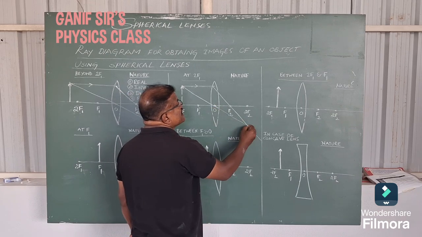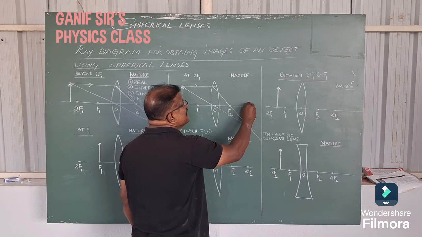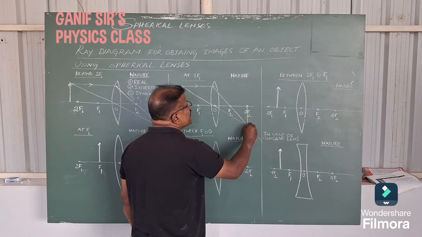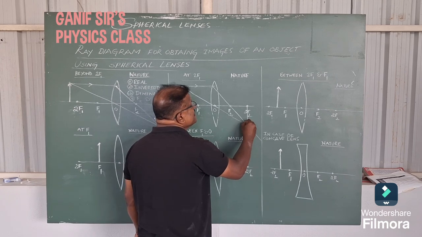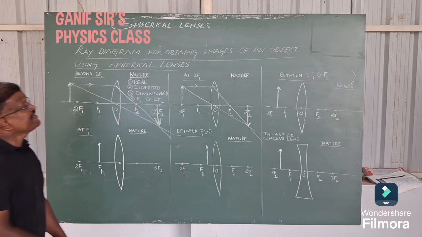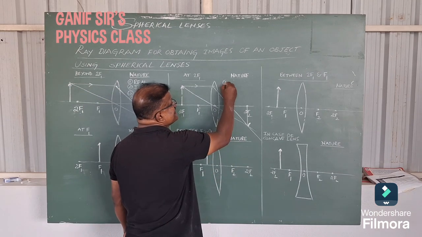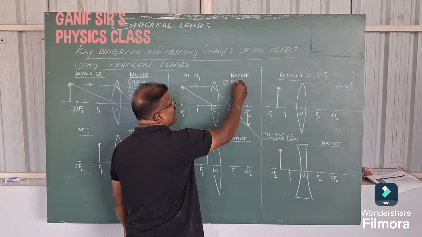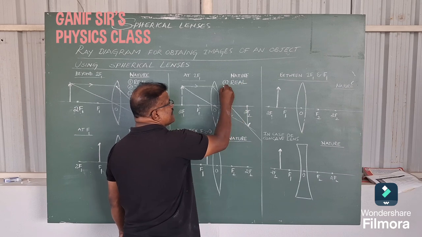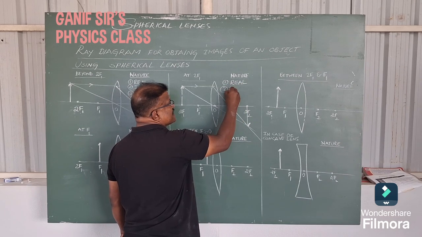It moves undeviated and gets intersected at a point here. See the nature of the image. The nature of the image obtained is real only, and the second one is it is inverted.